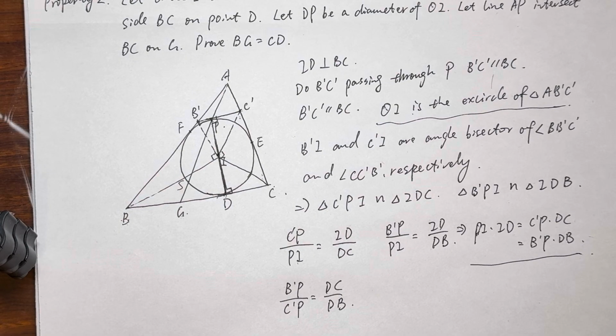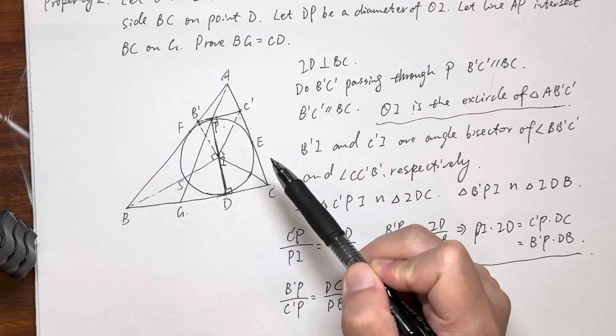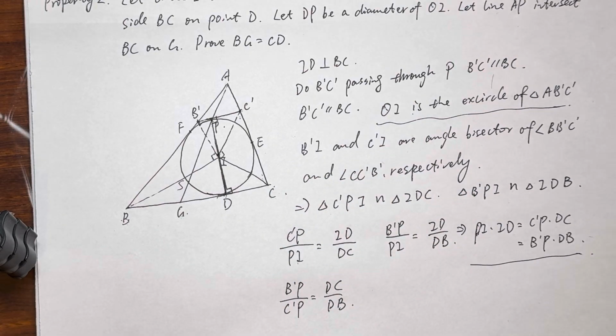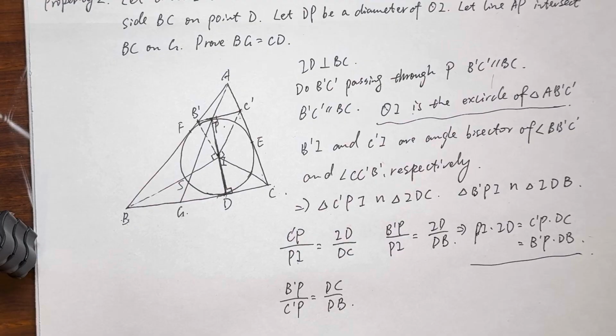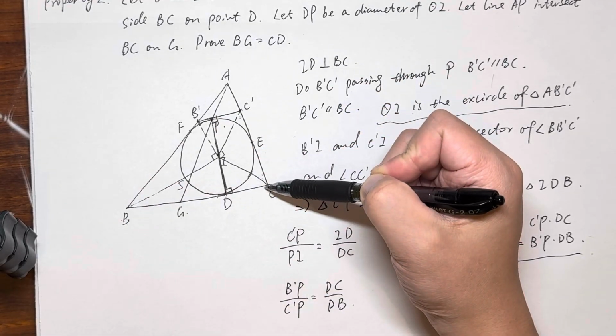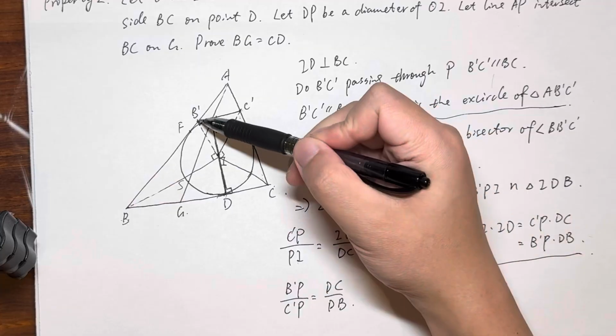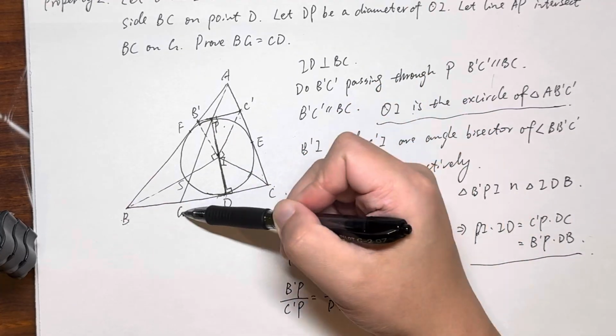It looks obvious because we have here, wait a second. Equals DC to DB, and also because B prime C prime is parallel with BC, B prime P to C prime P equals BG to CG.